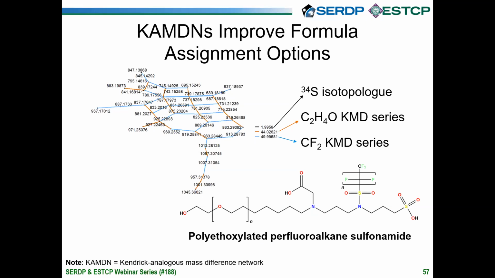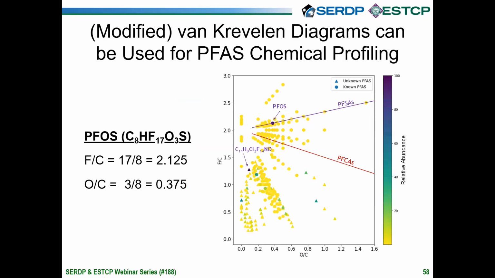And then through these networks, we can basically connect a whole slew of analytes or mass to charge ratios that were detected, and identify a great number of PFAS with high confidence here in one run, basically. And through that, we have identified new PFAS such as polyethoxylated perfluoroalkane sulfonamides. That again is published in the reference that I'll be showing at the end.